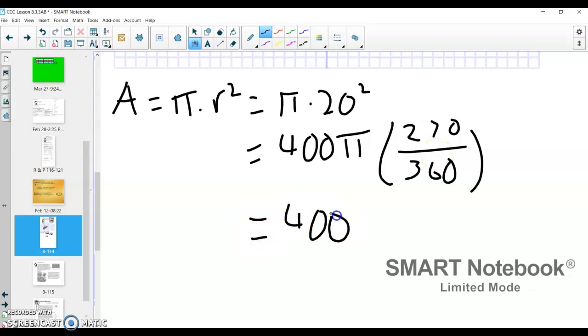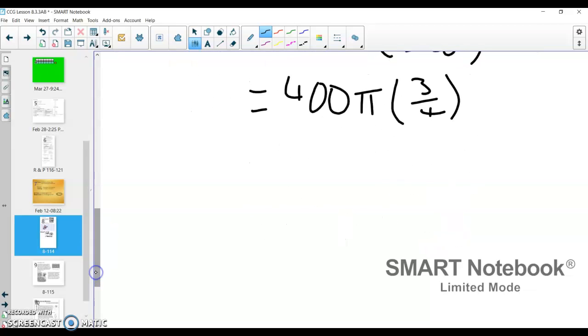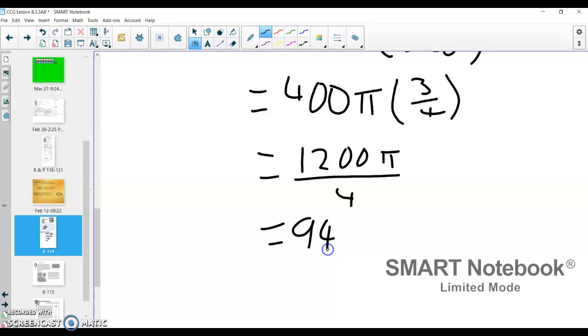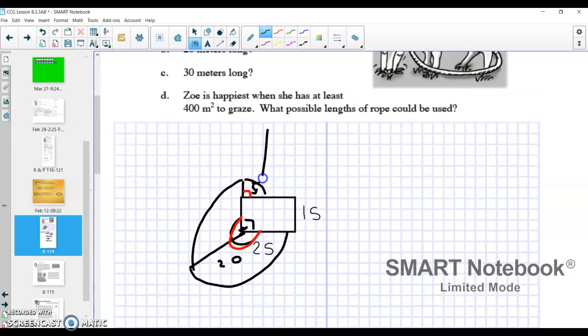That is 400 pi being multiplied by 3/4, which, if I calculate this out, that is 1,200 pi divided by 4. And let's see what that gives me if I use my calculator. That gives me an answer of 942.48 meters squared, but that doesn't account for this part that I'm missing up here, this part right here.